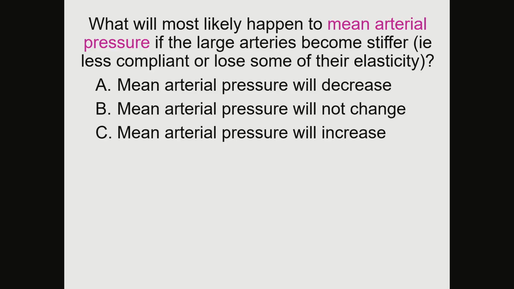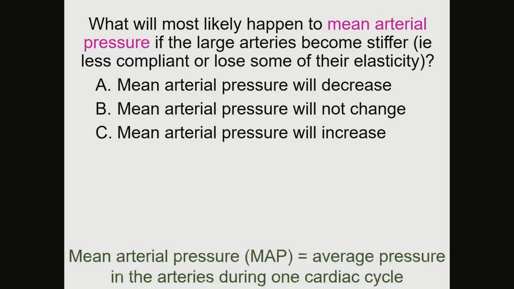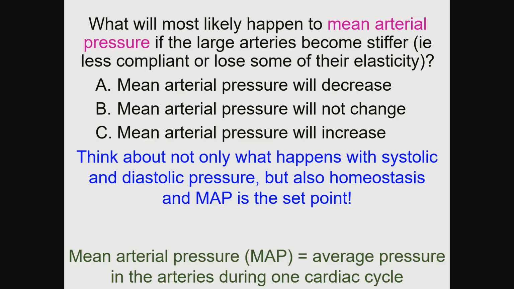Okay. What about mean arterial pressure? So mean arterial pressure is the average pressure in the arteries during one cardiac cycle. So you would just add up the pressures during the cardiac cycle and average that. And one of the things to think about is not only what happens with systolic and diastolic pressure, but also homeostasis.